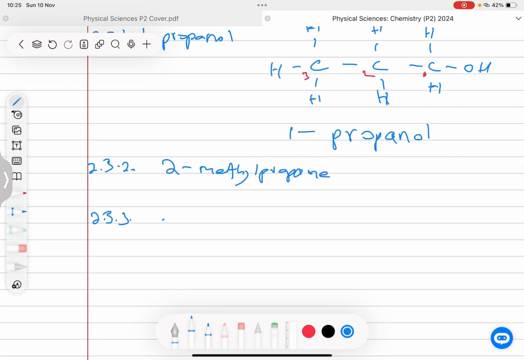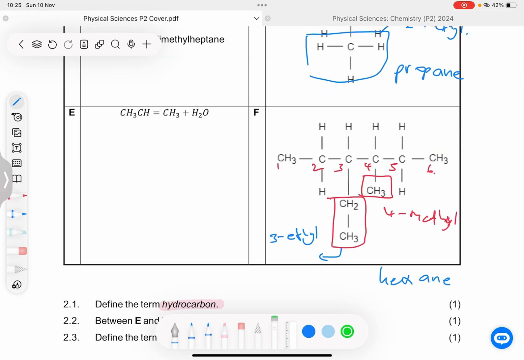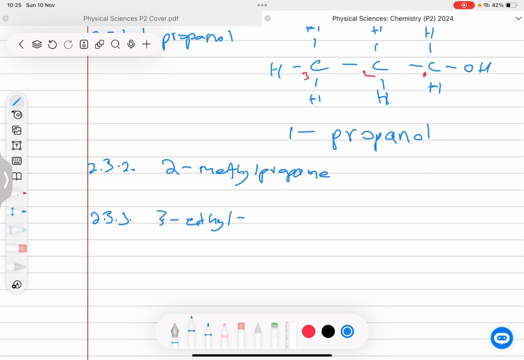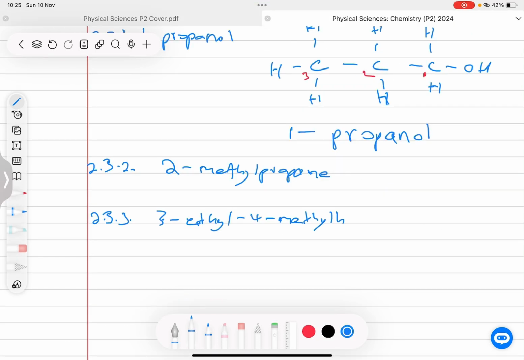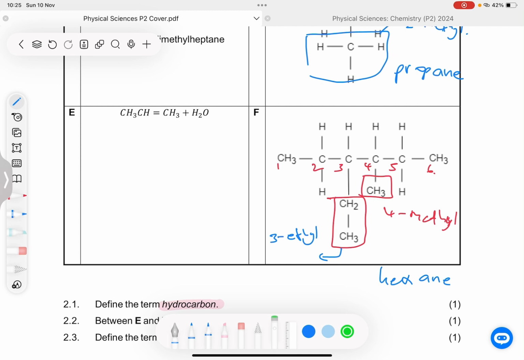It will be 3 ethyl, and then we put the dash again there, and then we're going to have 4 methyl. And this has a base name of hexane. So that is 3 ethyl 4 methyl hexane.